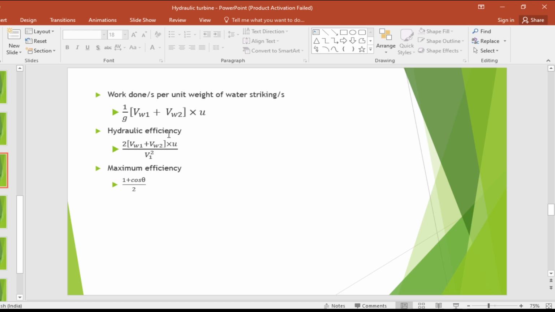Now the hydraulic efficiency for it is 2 (Vw1 plus Vw2) into u divided by V1 squared. This will be the hydraulic efficiency for the Pelton wheel. And also the maximum efficiency, if we calculate, equals (1 plus cos theta) divided by 2. These formulas you have to remember.